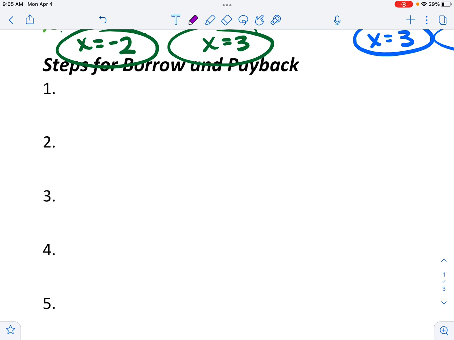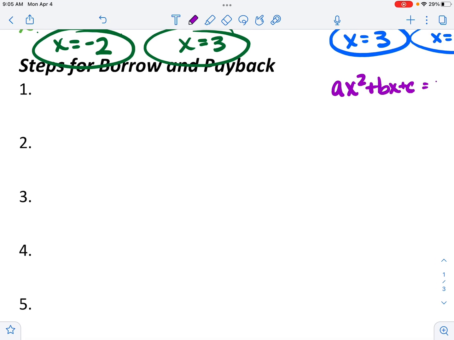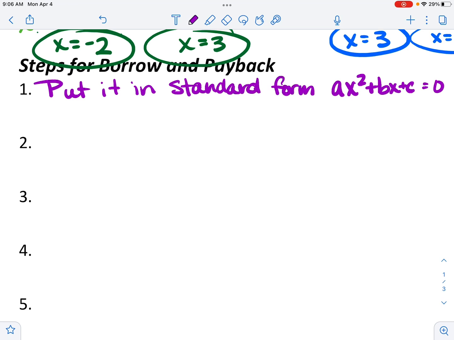So as a reminder, we have our equation ax squared plus bx plus c equals 0. Okay, so step number 1 is to put it in standard form. That is always going to be step number 1.